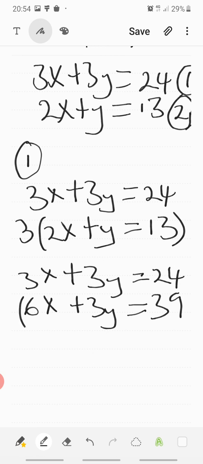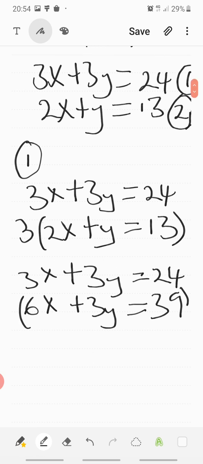Then we minus the first and the second equation, so we get the 0 value there on y.